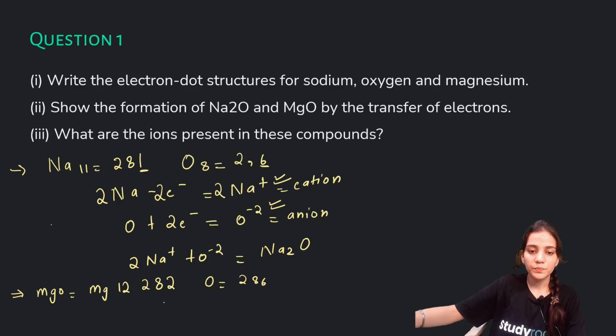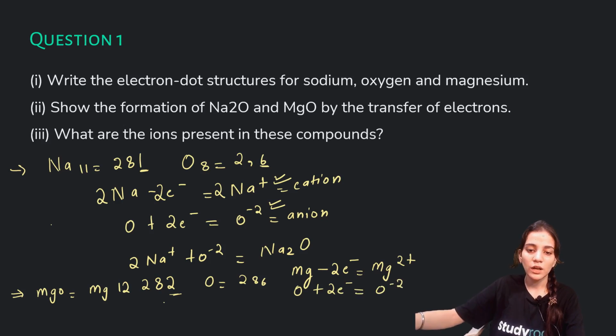Now Mg will lose 2 electrons as it has 2 electrons in its valence shell, so it will become Mg2+, whereas oxygen, as I told you, has to gain 2 electrons to become this anion. Now these two will combine together. We don't have to balance it as magnesium is already losing 2 electrons and oxygen has to gain 2 electrons, so it will become MgO.